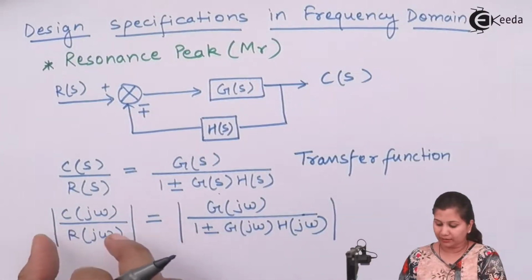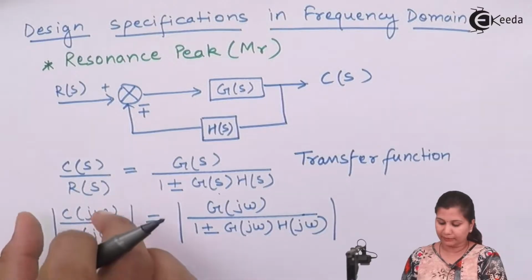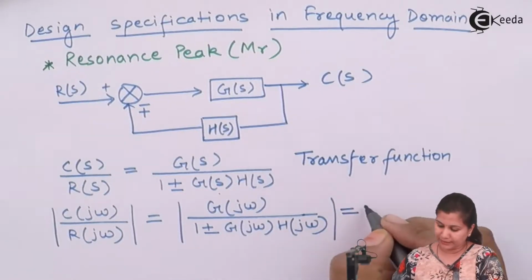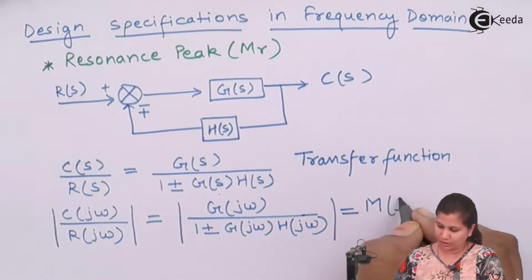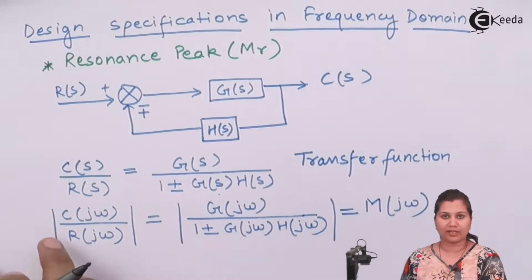Now if we take the magnitude of this transfer function, which is represented by the two lines here, it is represented by M(jω). This is the magnitude of the transfer function.